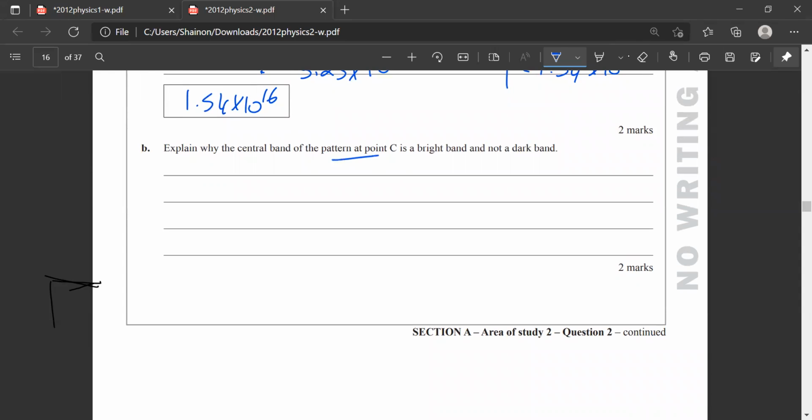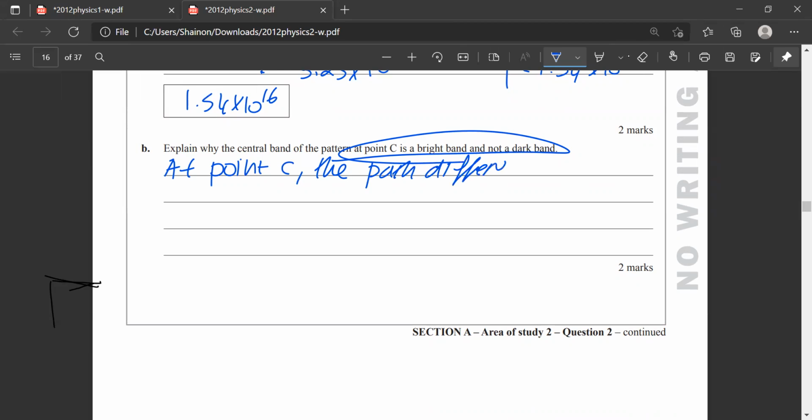The central band, okay, this is just path difference. At point C, the path difference is 0, which results in constructive interference.